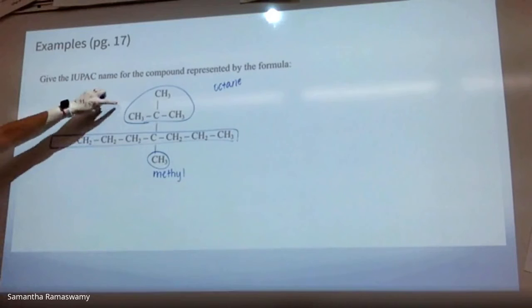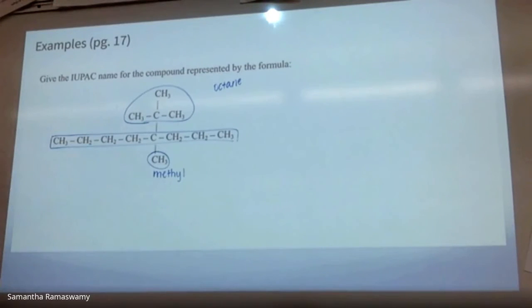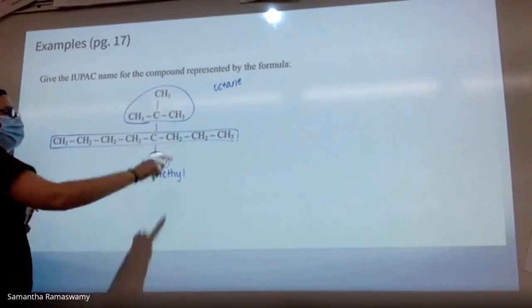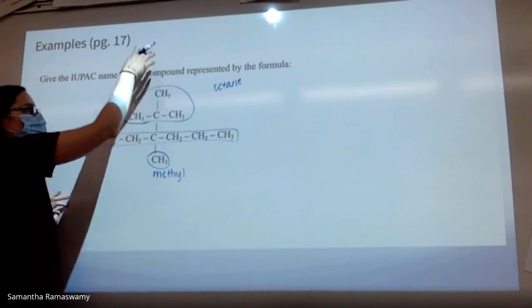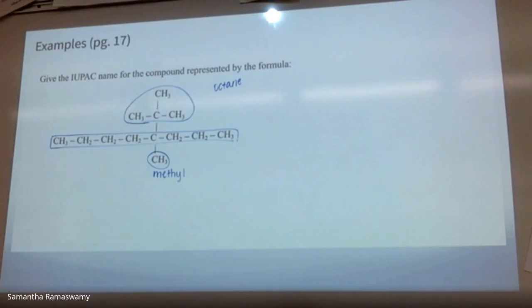This one's a little bit different. This has 4 carbons, so we know that it's going to be some sort of butyl group. The reason that it's not just butyl is because if it were just butyl, it would be 4 carbons in a straight line.